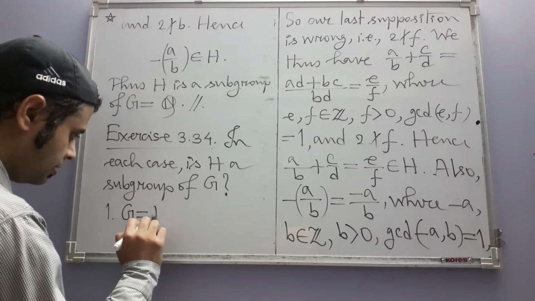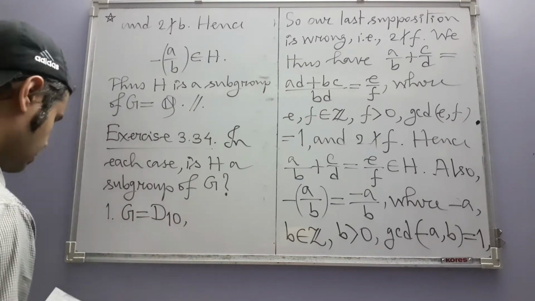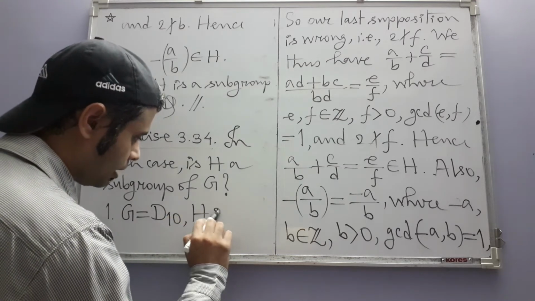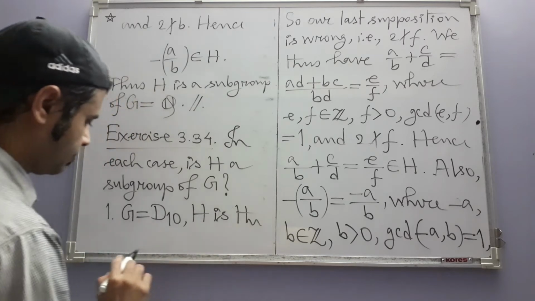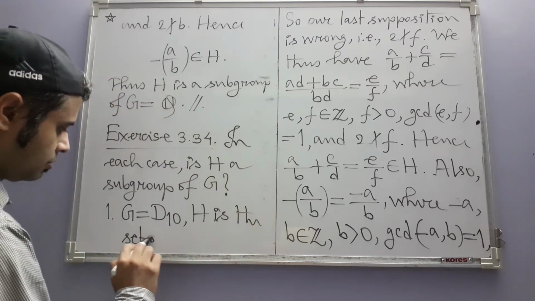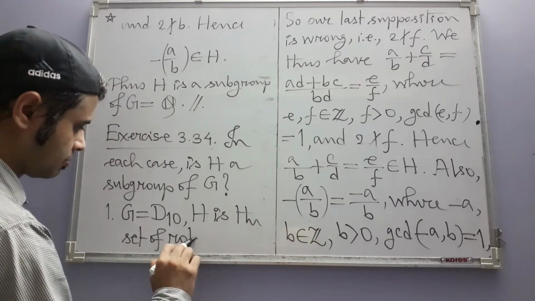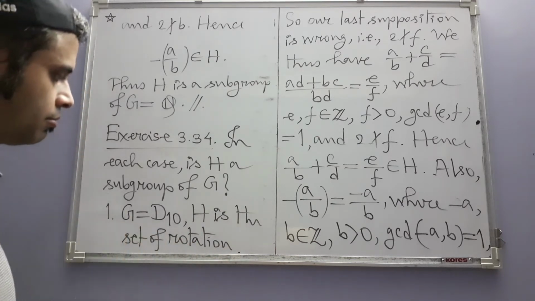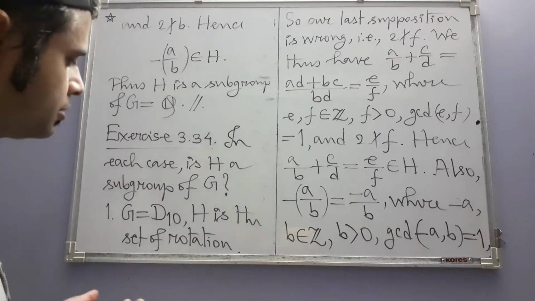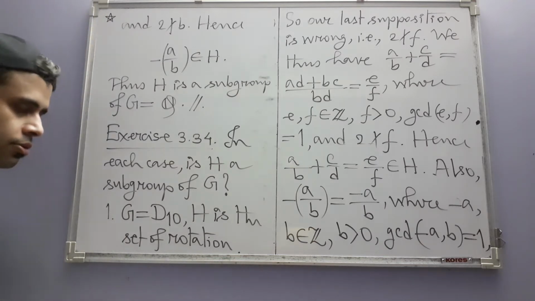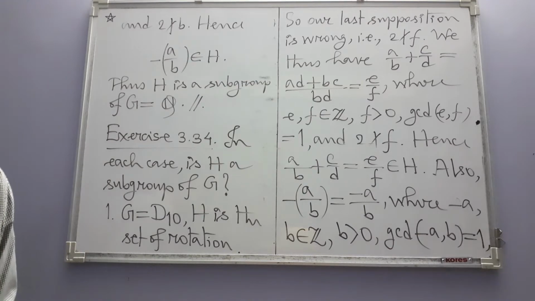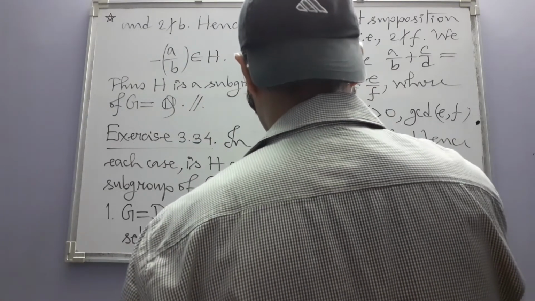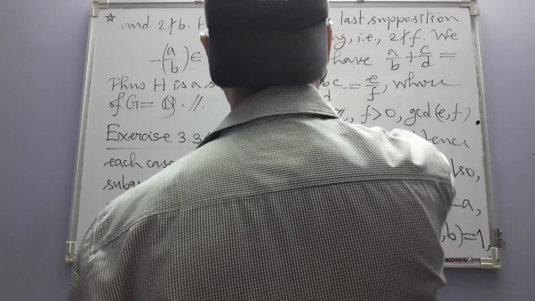And the first one, G, is again that Dihedral Group D10, and now H is the set of rotations. In the previous one we considered the set of all flips or reflections. Here now H is the set of all rotations. That is the other type of symmetries of a regular pentagon.